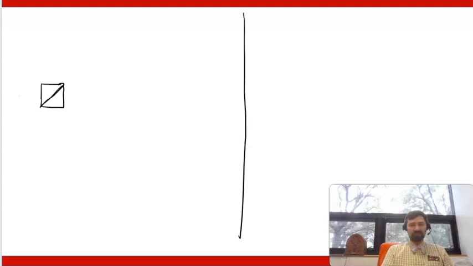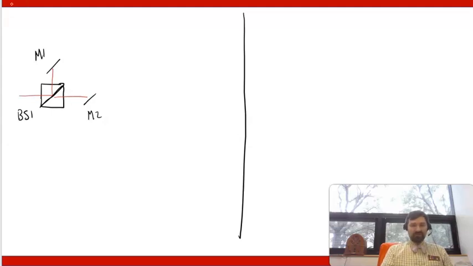I have a beam splitter, send my laser in, part of it's reflected, part of it's transmitted, and then essentially what I would do is put a mirror and then put a mirror. Okay, so this is M1, this is M2, this is beam splitter 1.